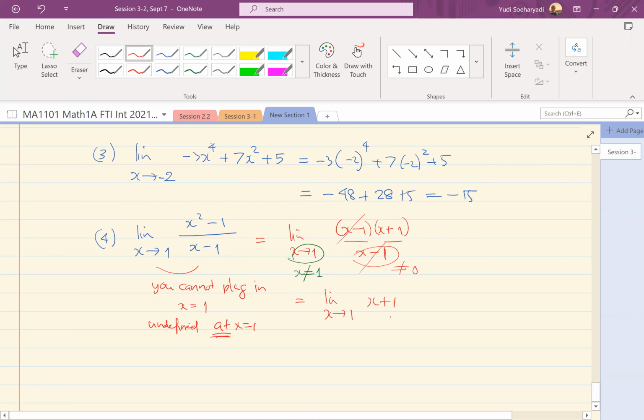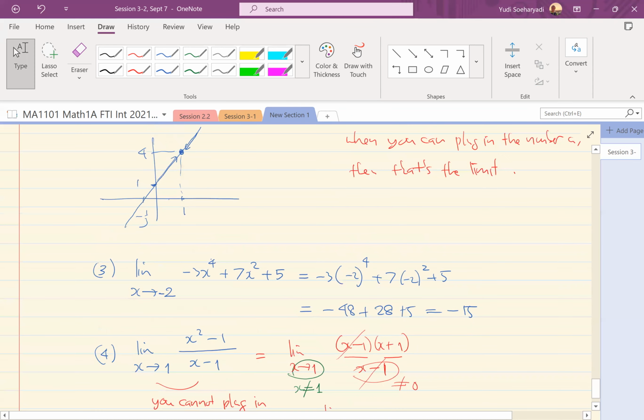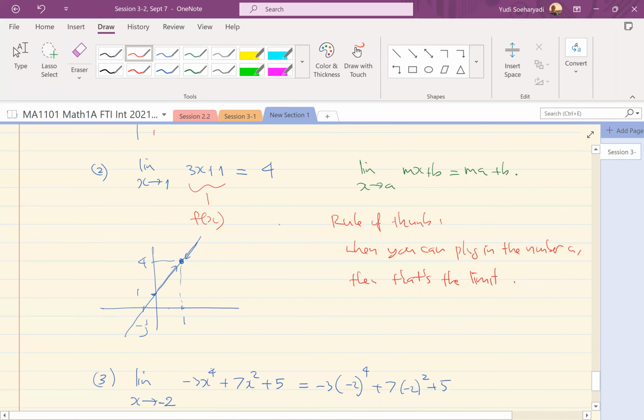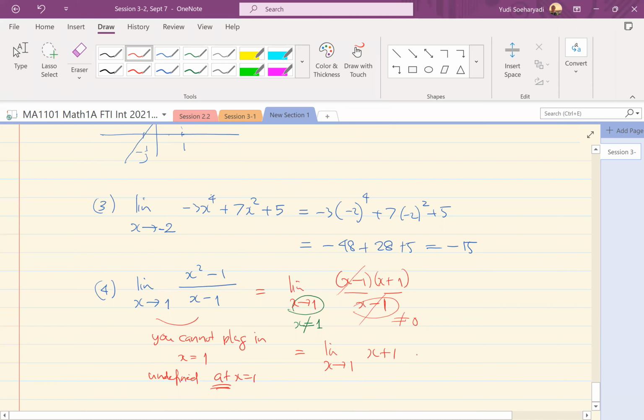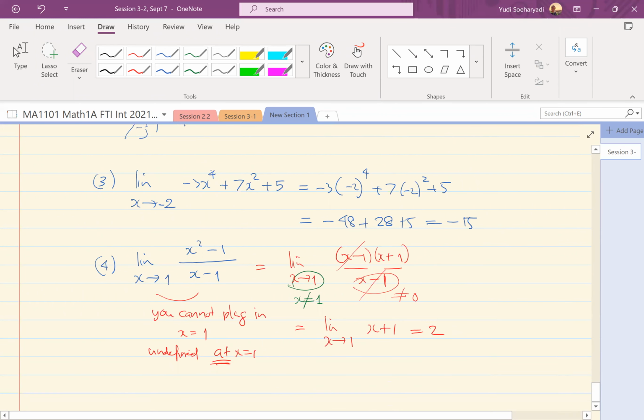Right? This is the case like this one, when you are able to plug in the number. Okay, you plug in the number, so you get 2. That's the limit.